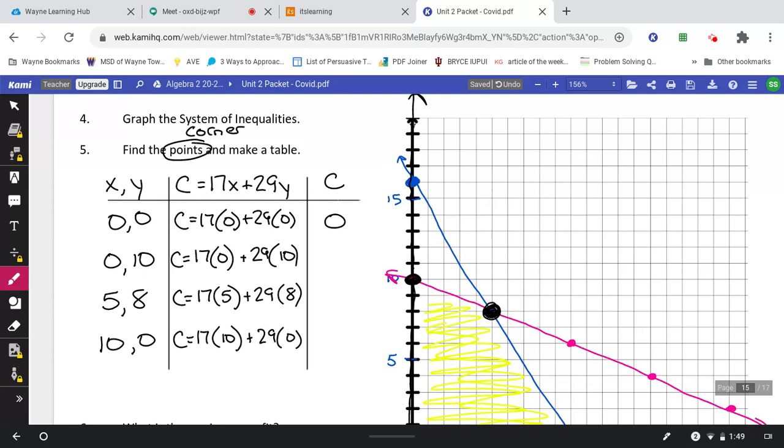I like the ones that have the 0 in it because I know 0 times anything is 0. So right here, 17 times 0, that's not going to get me anything. All I have to worry about is the 29 times 10. That's 290. Same thing down here with the last one. 29 times 0, that's 0. So I just multiply 17 times 10 to get 170.